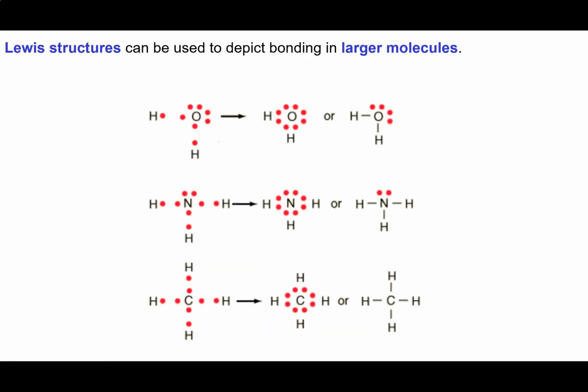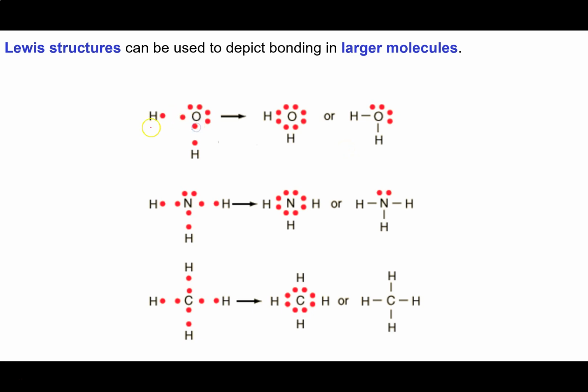Now, we can go more than diatomic molecules. We can go to triatomic molecules or tetraatomic molecules, and even bigger. Sometimes we go up to molecules where there's like dozens of atoms in them. So here's an example where we have 2 hydrogen atoms combining with an oxygen atom to make water. And what we see here is oxygen's in group 6A.